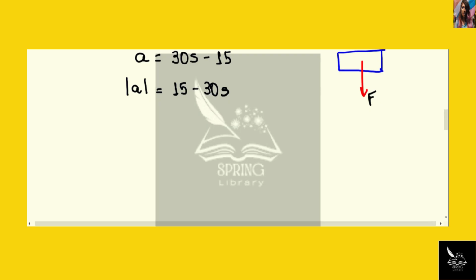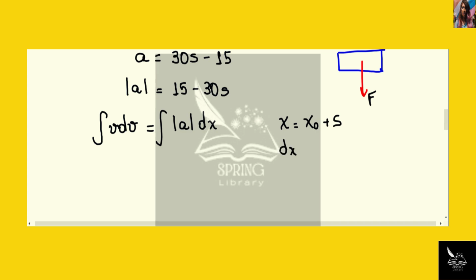Now we can apply this to the equation that we had before. We had that the integral of v dv is equal to the integral of the acceleration times dx. I'm going to use the absolute value of the acceleration. Notice that x is equal to x0 plus s, so dx is equal to ds.